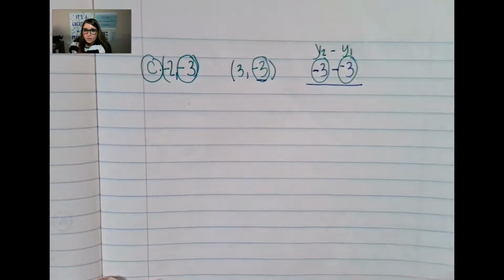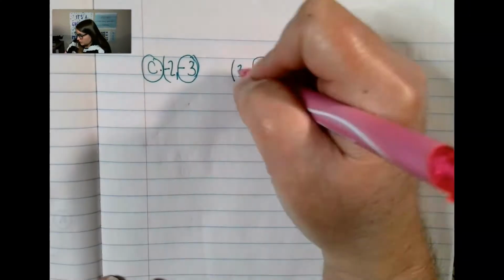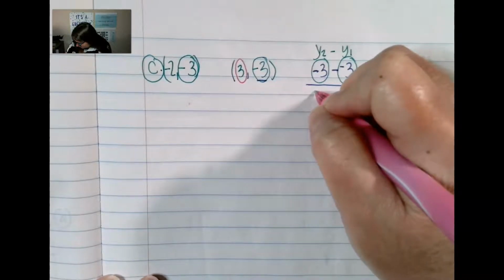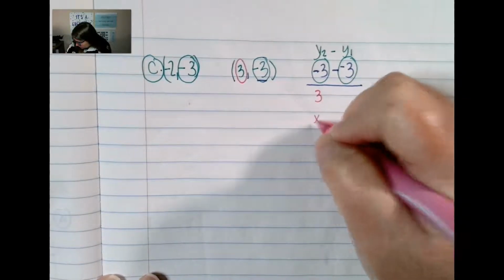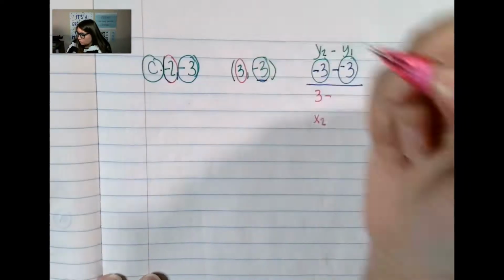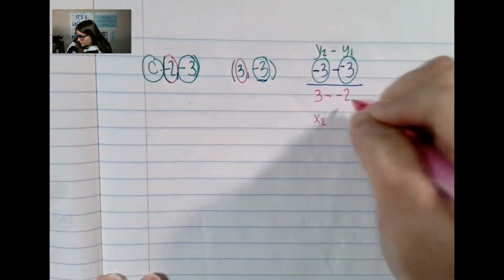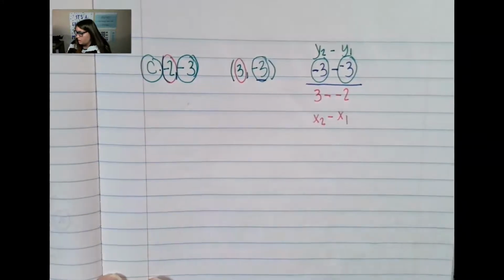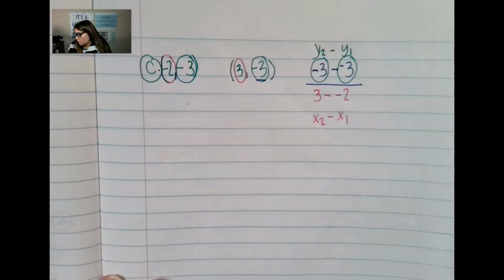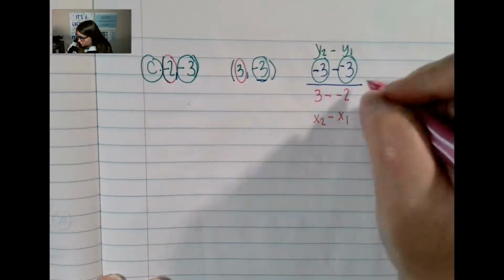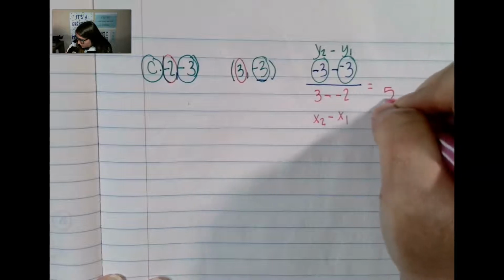All right, now we're going to look at the x values. Here's x2. So x2 is 3. And we need to subtract that from x1, which is -2. So minus x1. And now we're going to solve both of these. So 3 minus -2 is going to give us 5.